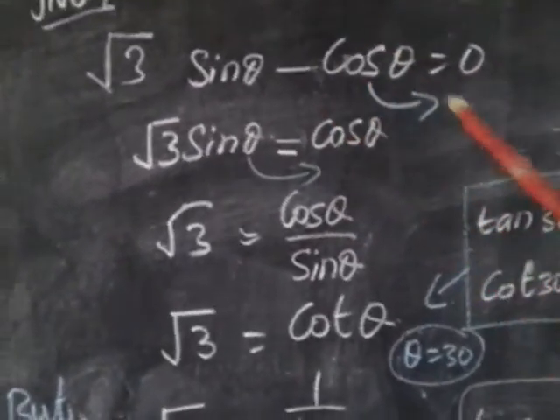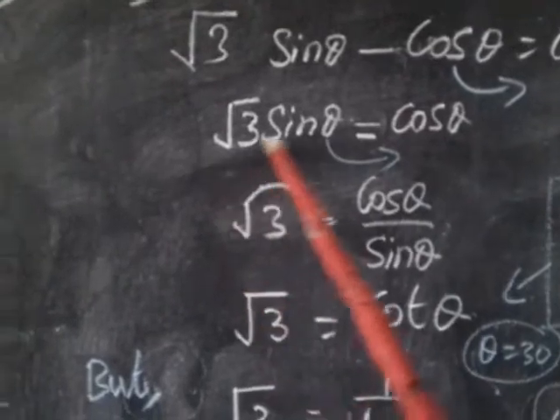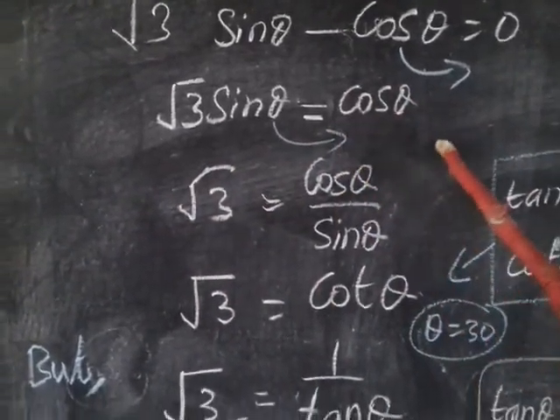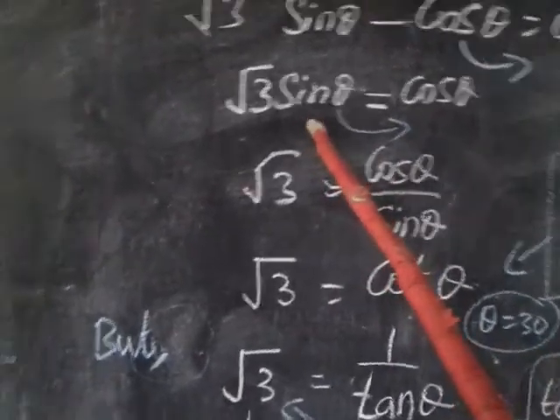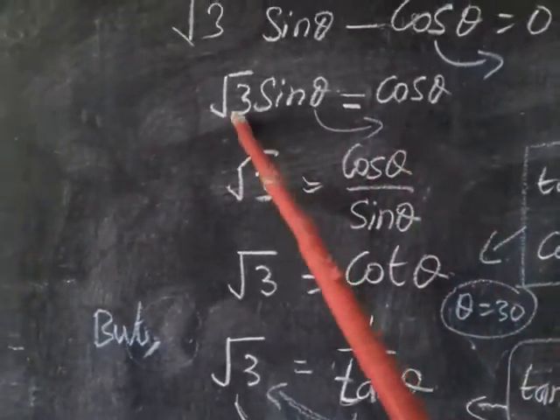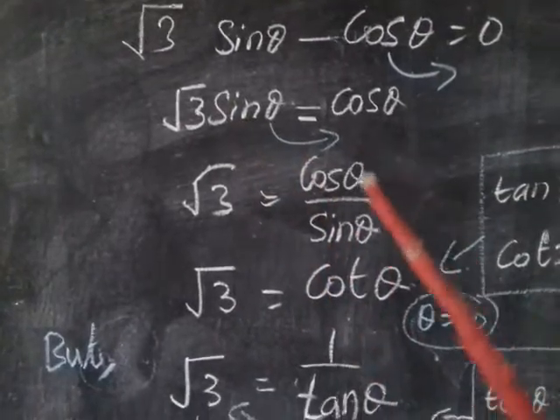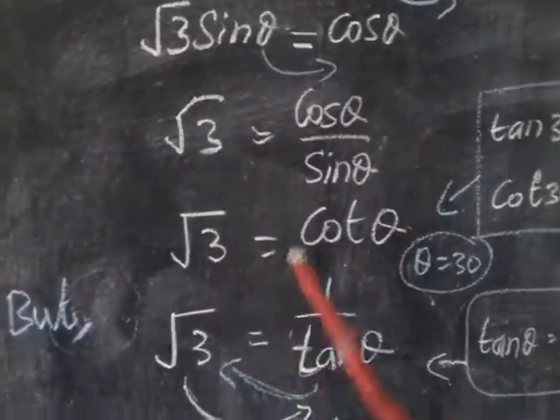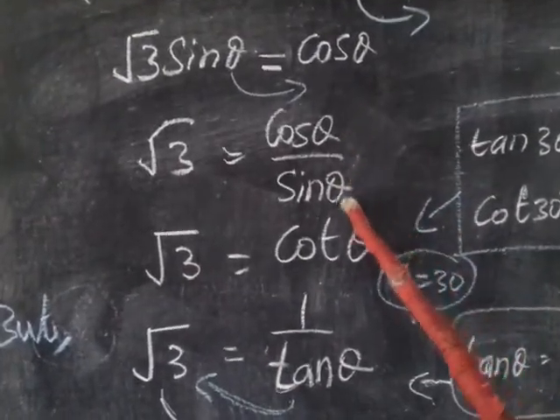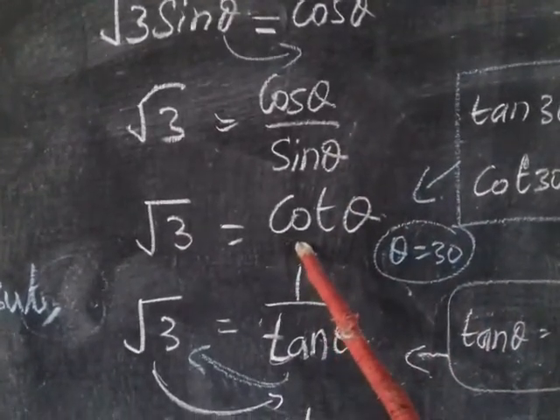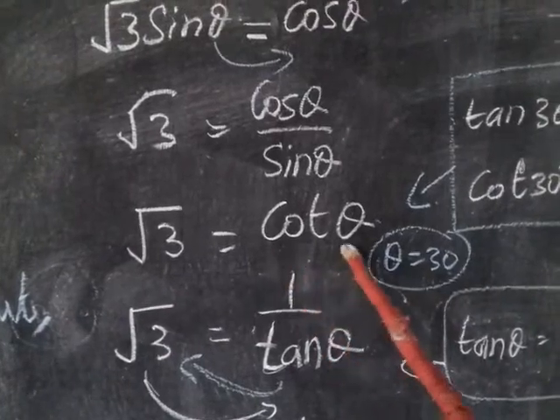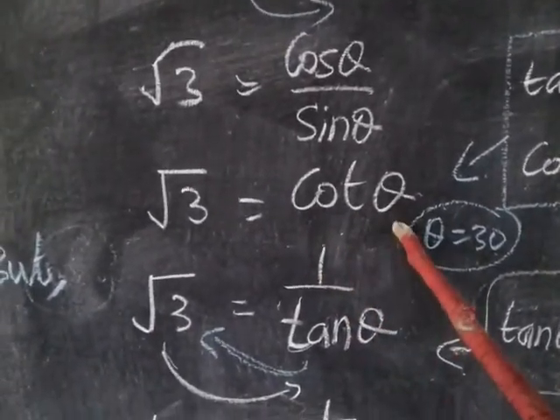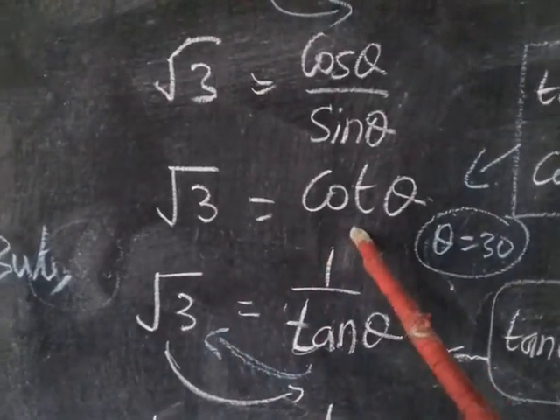The cos theta is shifted to the opposite side: root 3 sin theta equal to cos theta. Then the sin theta goes to the opposite side and divides: root 3 equal to cos theta divided by sin theta. This trigonometric value is cot theta. So root 3 equal to cot theta.